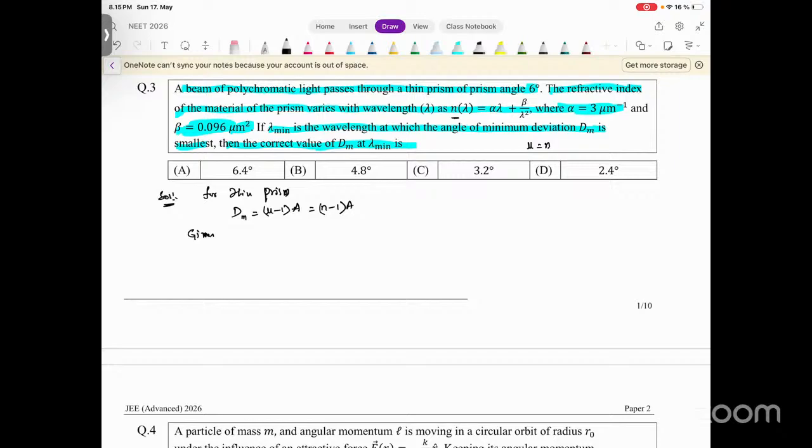Because in the problem the refractive index of the material is represented by n. Generally, while teaching, I take it as mu. Anyhow, now given is the refractive index for a given wavelength lambda equals alpha into lambda plus beta divided by lambda, isn't it?